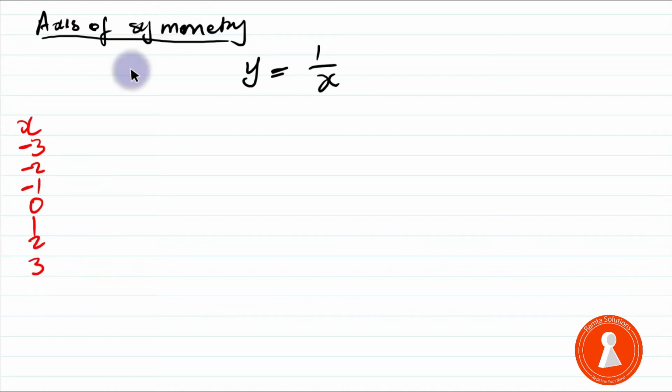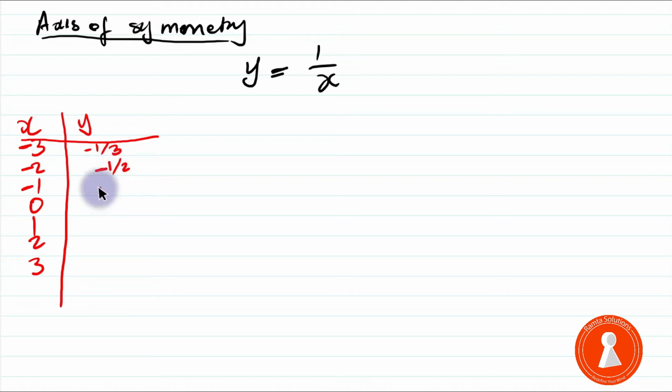And then you have y: minus 1 over 3, minus 1 over 2, minus 1. This value, you cannot divide by 0. So it means at this point you are in deep trouble. The graph does not exist. And then here it's 1, here it's positive half, and here it's positive 1/3.